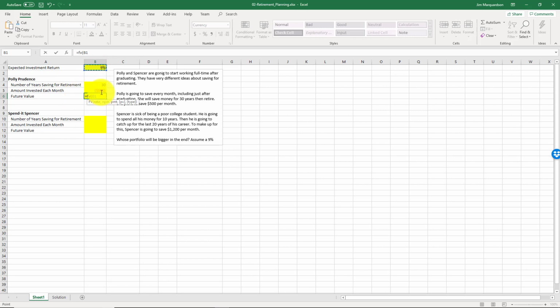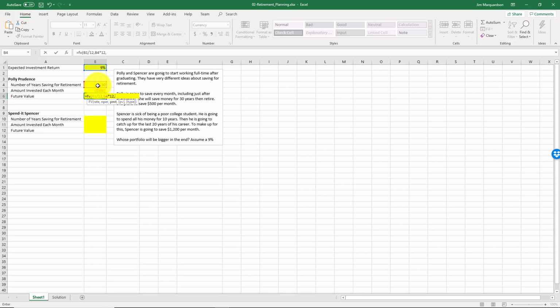We are going to be investing monthly, so we need to make sure that in our financial functions we're using consistent times. So I'm going to do this rate divided by 12. For the number of periods, it's 30 years that she's investing, and again, that's years. I want months, so I'm going to multiply that by 12.